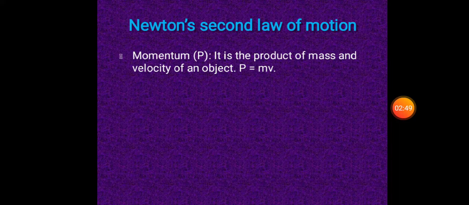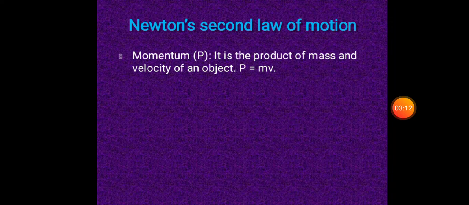This means that the effect of the force depends on a property related to both mass and velocity of the striking object. This property is termed momentum by Sir Isaac Newton.